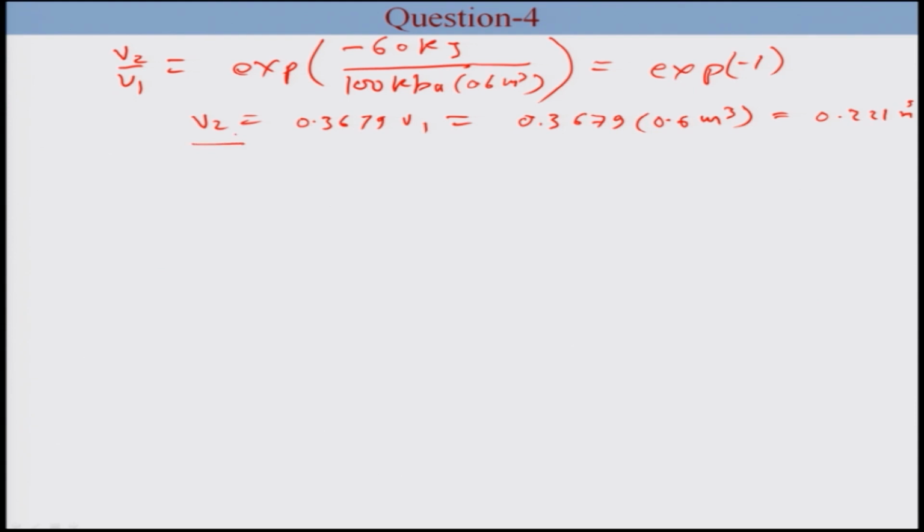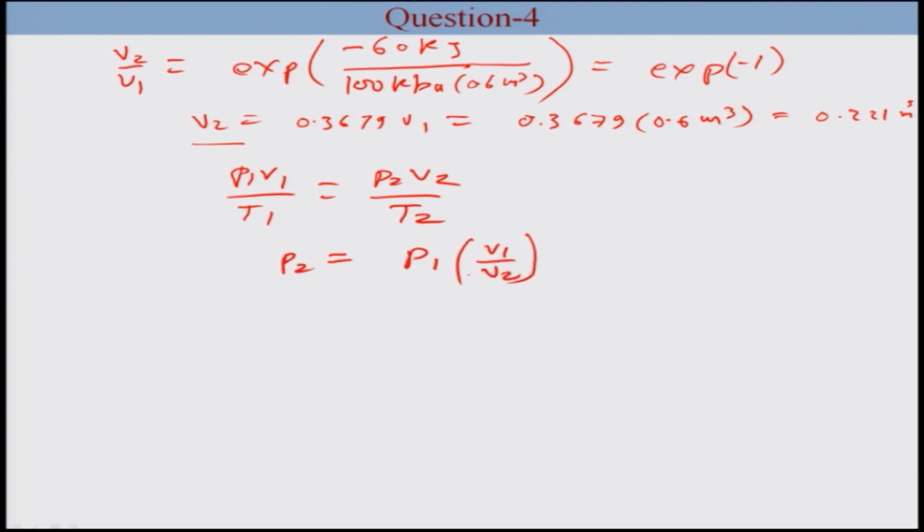We need to find the final pressure of the ideal gas as well. So that can be found from the ideal gas law. So from the ideal gas law, P1 V1 upon T1 will be equal to P2 V2 upon T2. Okay, so P2 will be P1 times V1 upon V2, because this is an isothermal process.